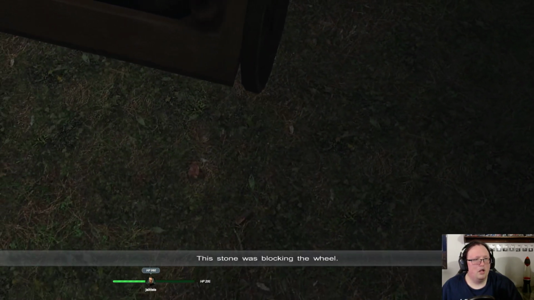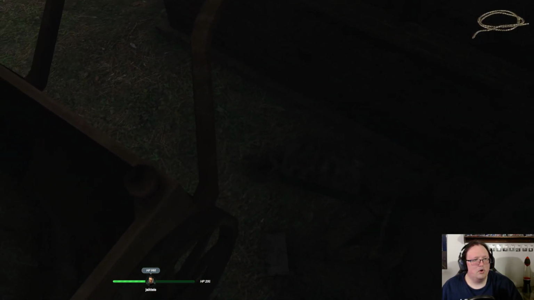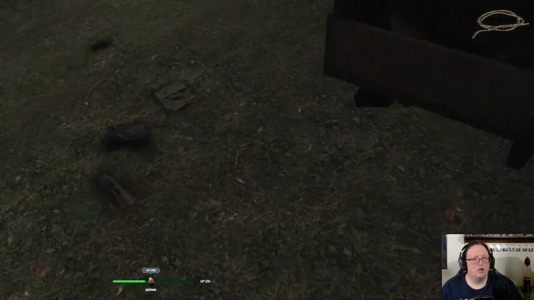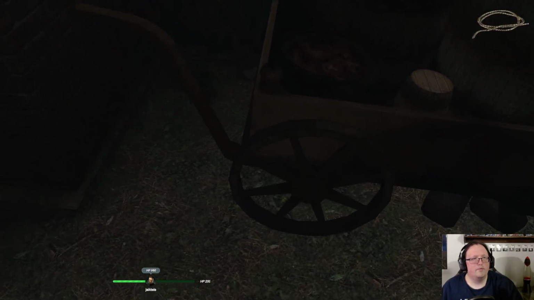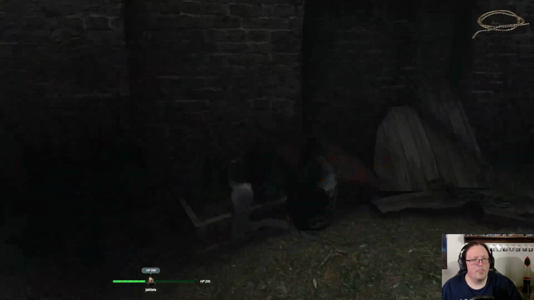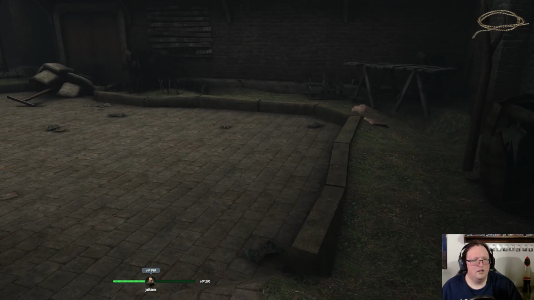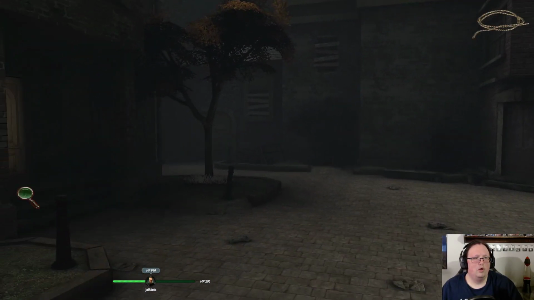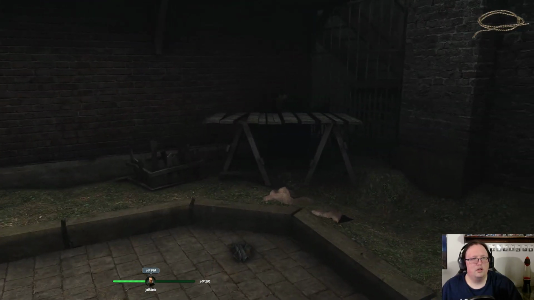Well, this stone was blocking the wheel. It's not anymore. Could be a bad thing, could be a good thing. We may never know. This trolley seems to be in good condition. Okay. No, I can't do that. Yeah, Watson.